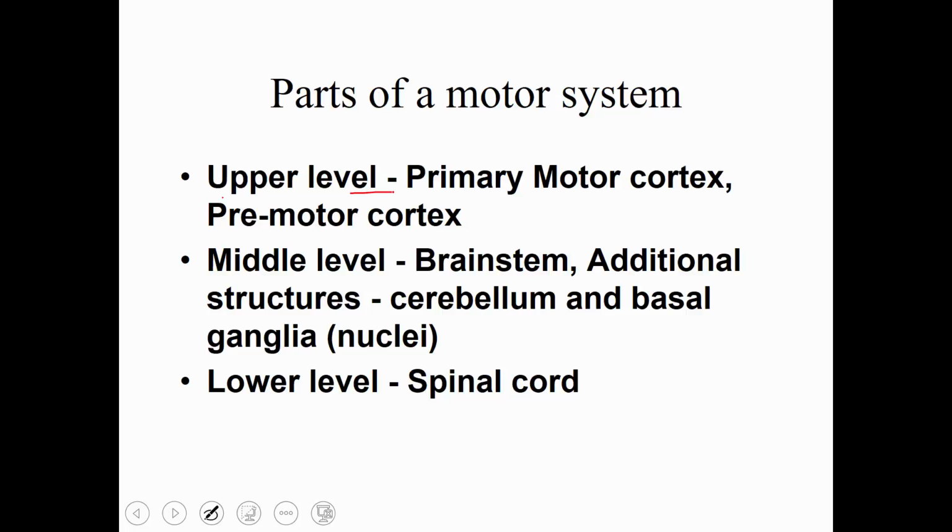So the upper level, we have primary motor cortex and some association cortices that we call the premotor and supplementary motor cortex.